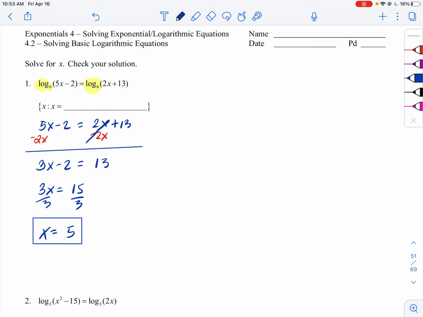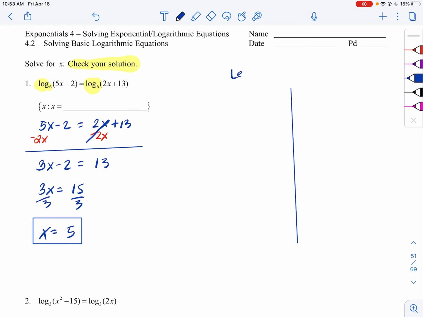Okay, but I cannot say that my answer is x is equal to 5 because I need to make sure that when I plug in 5, I will not end up with a negative inside the parentheses. So remember, how do we check?